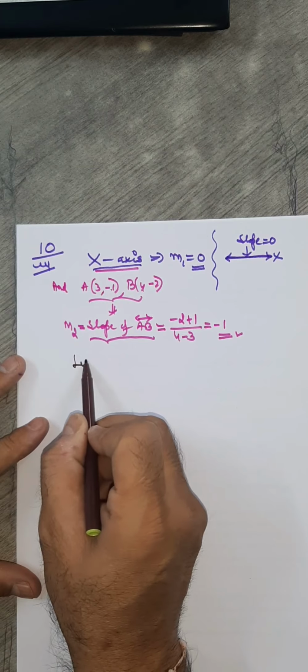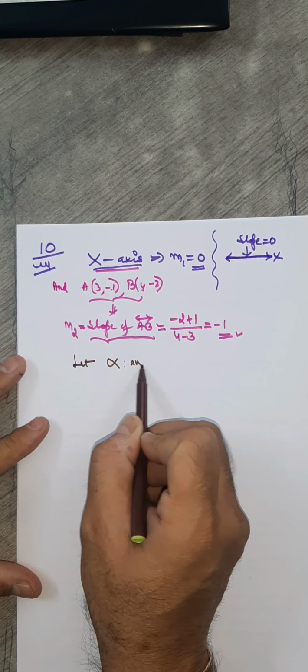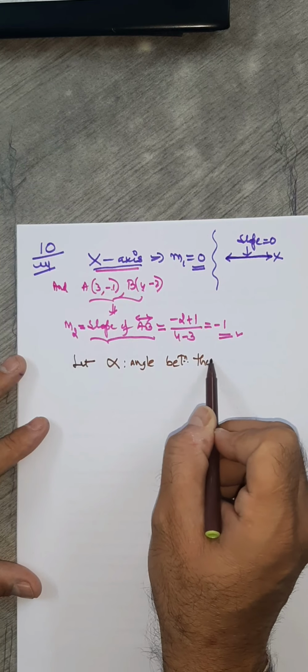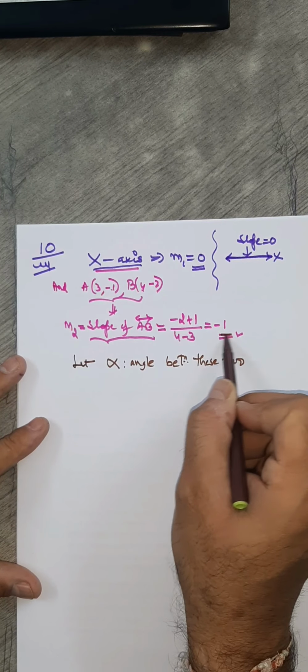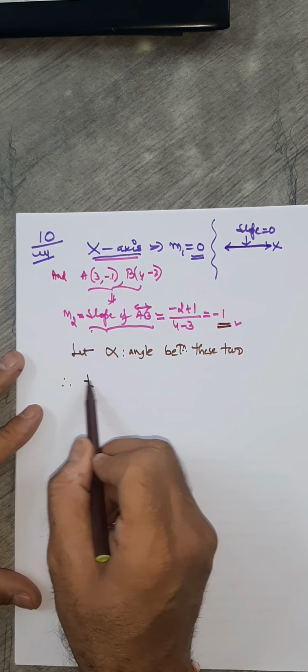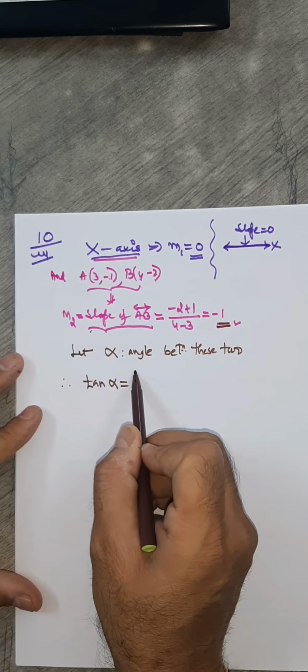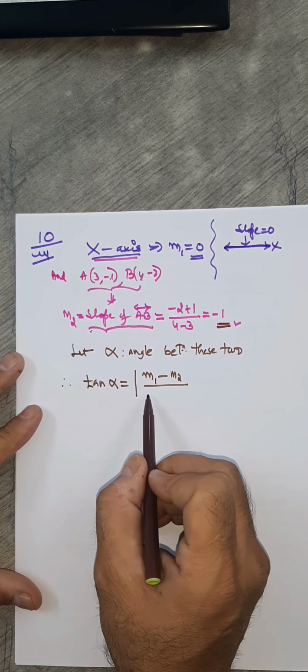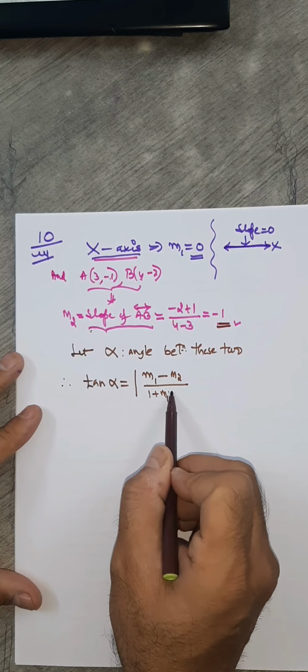Let the angle between these two be alpha, the angle between the x-axis and the line AB. So we use which formula? Tan alpha equals M1 minus M2 upon 1 plus M1 M2.